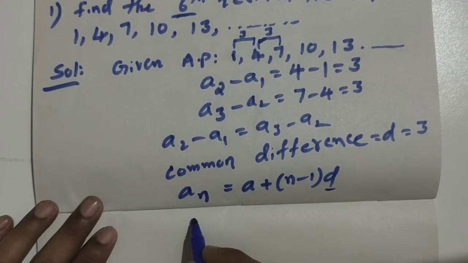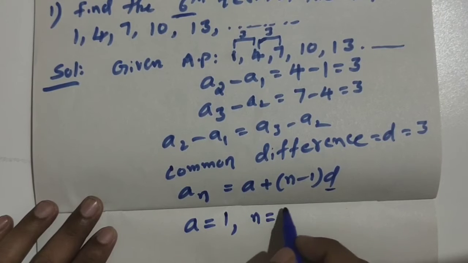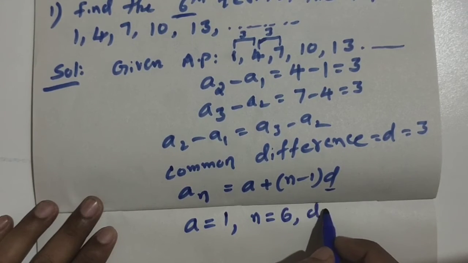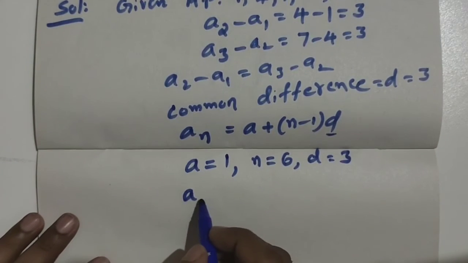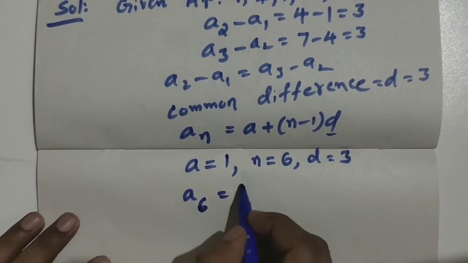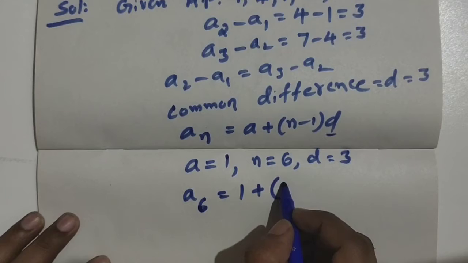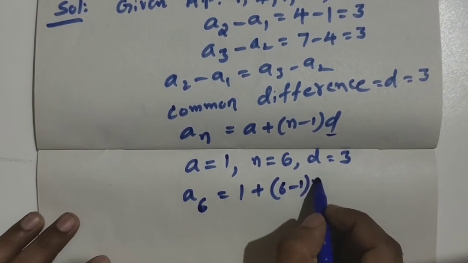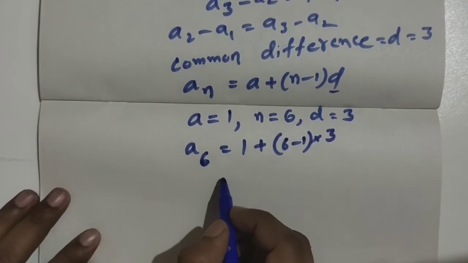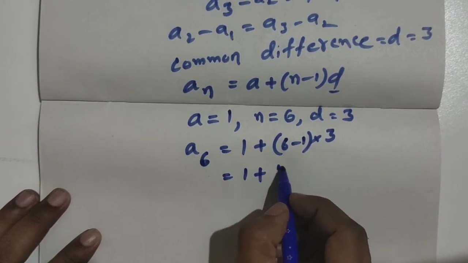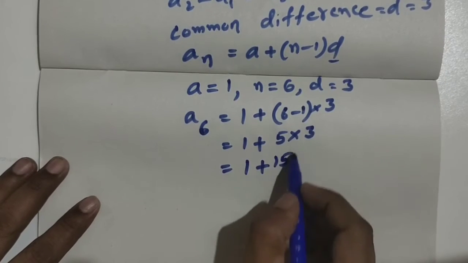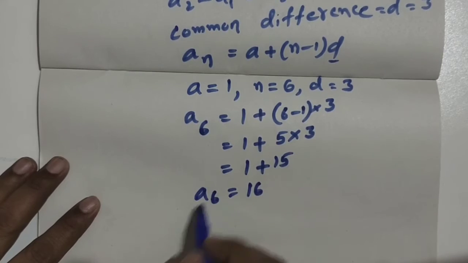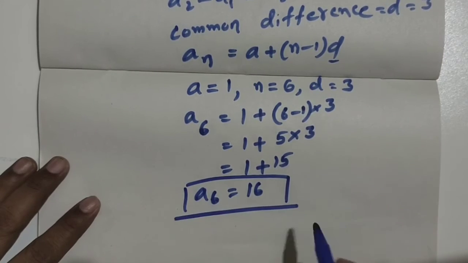So a is equal to the first term 1, n is equal to 6 and d is equal to 3. We can write A6 is equal to 1 plus 6 minus 1 into 3. So we get 1 plus 5 into 3, that is 1 plus 15, equal to 16. That is, the sixth term of this AP is 16.